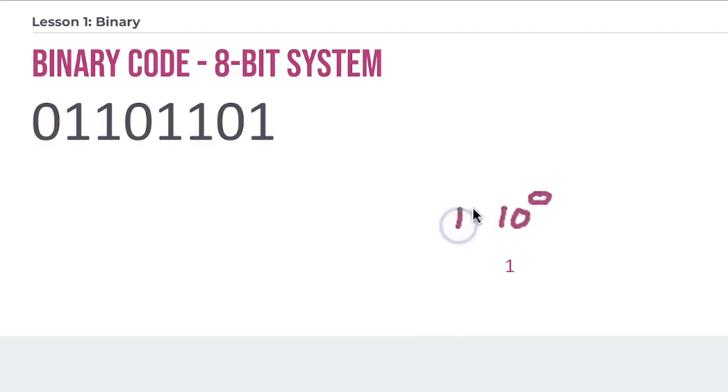In the second place, which for us is the tens place, it's 10 raised to the first power. In the third place, it's 10 raised to the second power, or the hundreds place. 10 squared is 100. Okay, spoiler alert. Next one is 10 to the third, or the thousands place. If you weren't sure what I meant by 10 to the 0 power, anything to the 0 power is 1. So that's how it works in base 10.